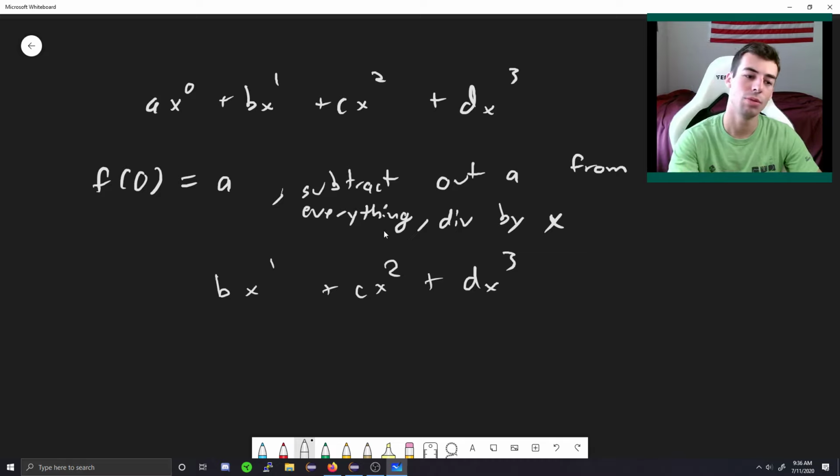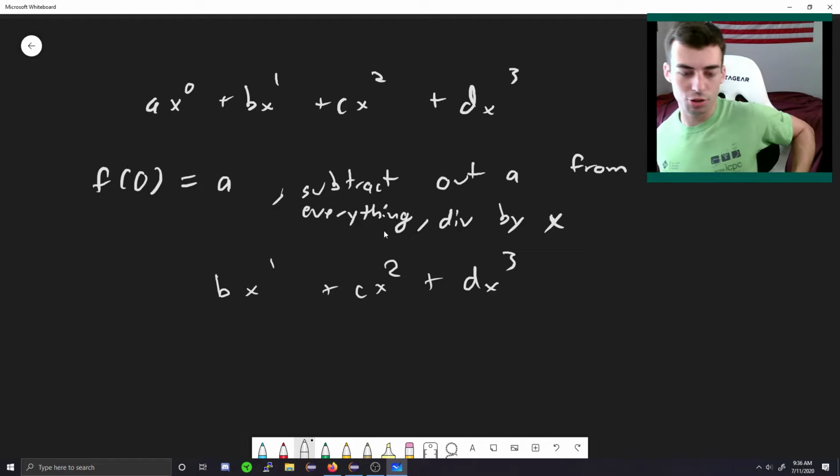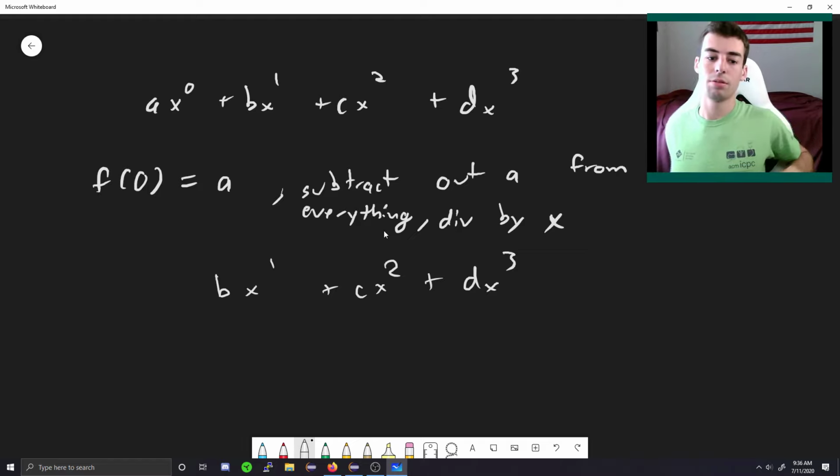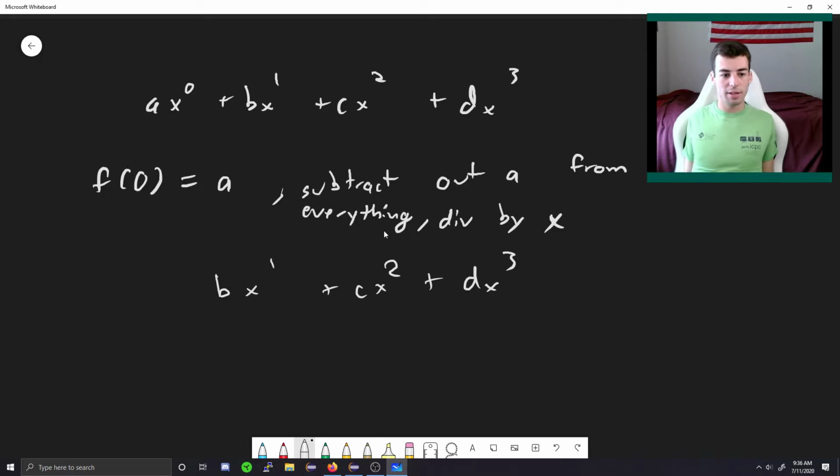Can you not just do that? Why does that not work? Need to divide each term by x. So we've just subtracted out, we had a plus b x1 plus c x2 plus d x3.